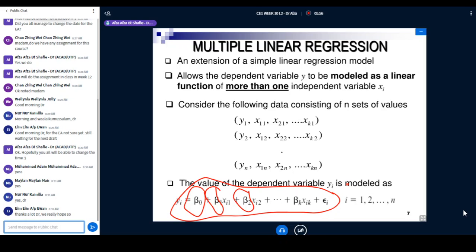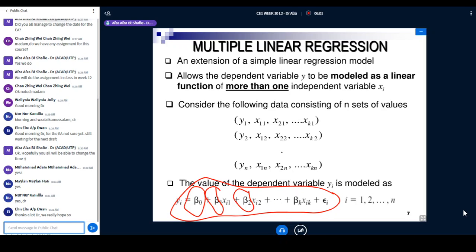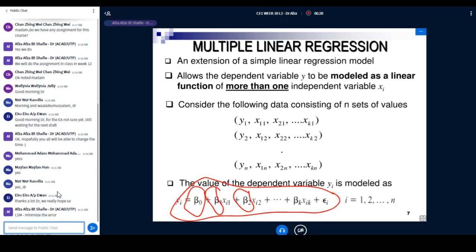Now the fundamental is still the least square method. That means we are still going to minimize the error, and still try to find beta naught and the other beta i's.